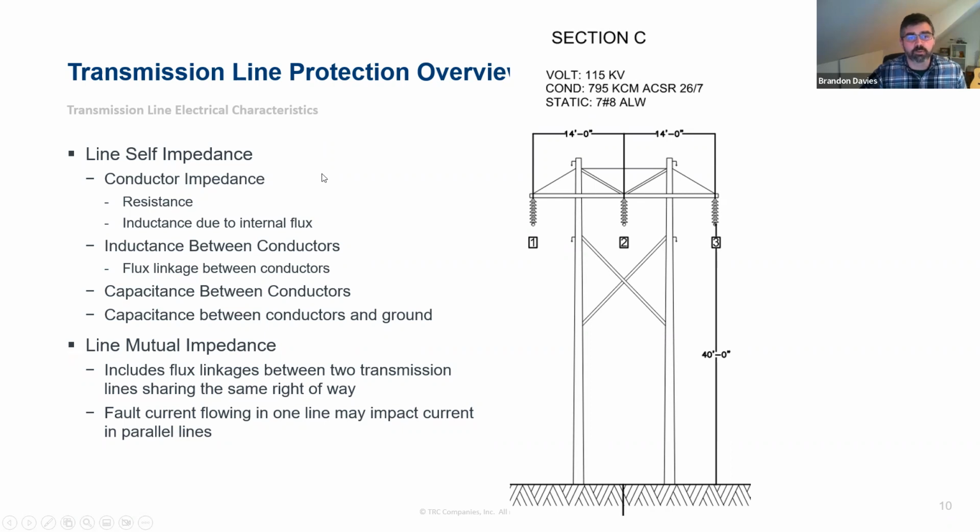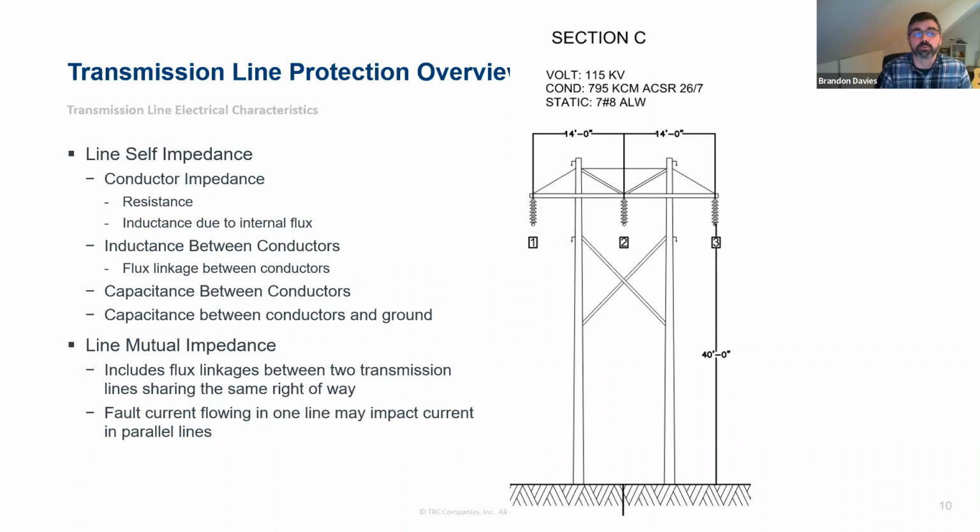So when we go to take a look at a transmission line and determine what its impedance is for use in studies and different types of modeling software, we've got to look at a number of things, because it's not quite as straightforward as you've got a conductor up there and it's got an electrical property, and you can probably look up a cut sheet and find a resistance value for that conductor and be done with it.